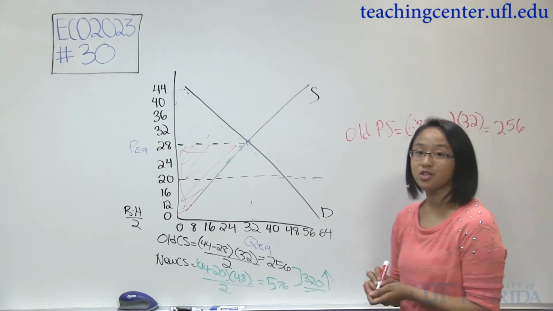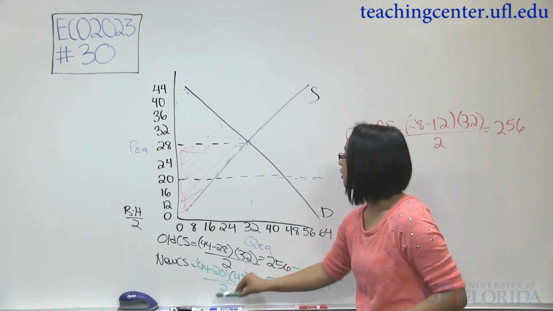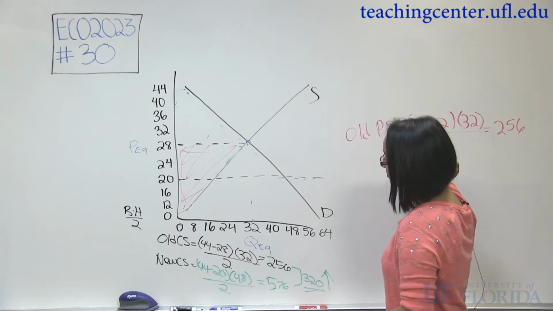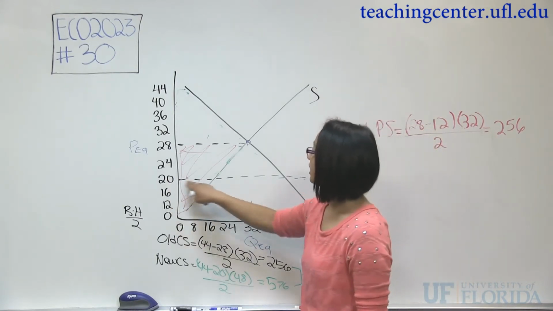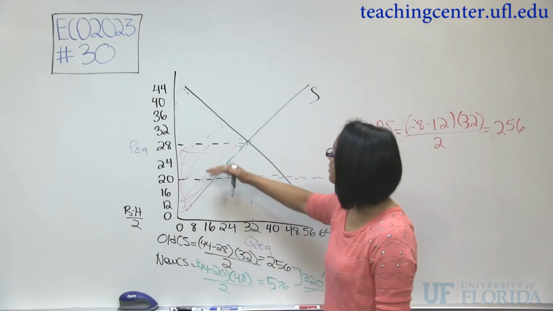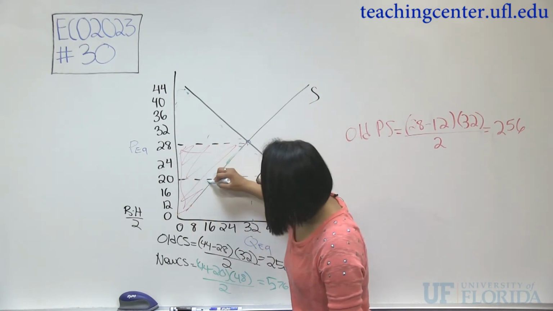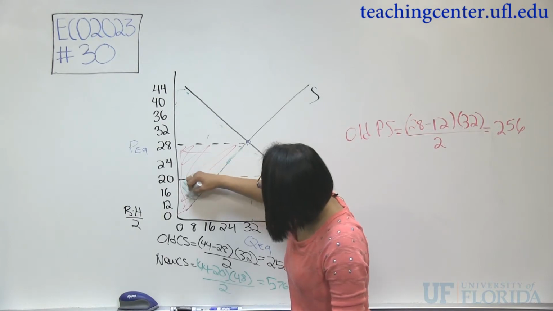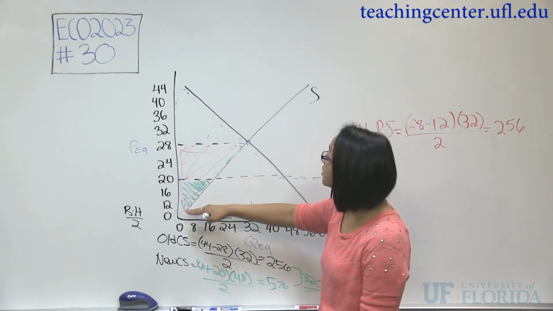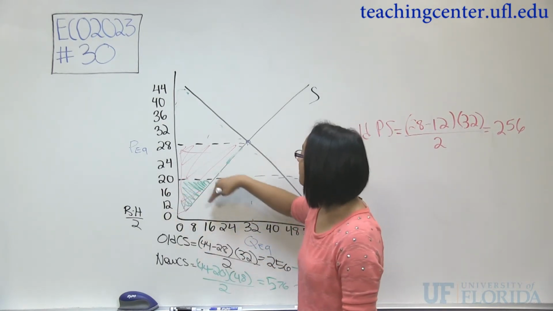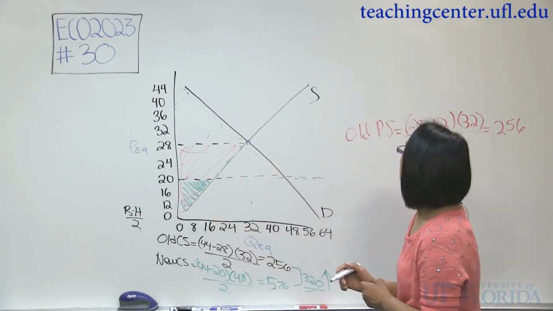Now, what does it change to? So we have to find our new producer surplus. Remember that our world price is 20. So instead of being everything below 28, it's going to be everything below 20. So again, everything below the price and above the supply curve is the producer surplus.